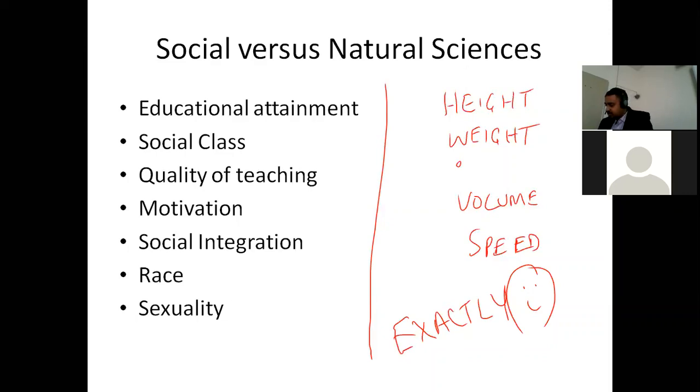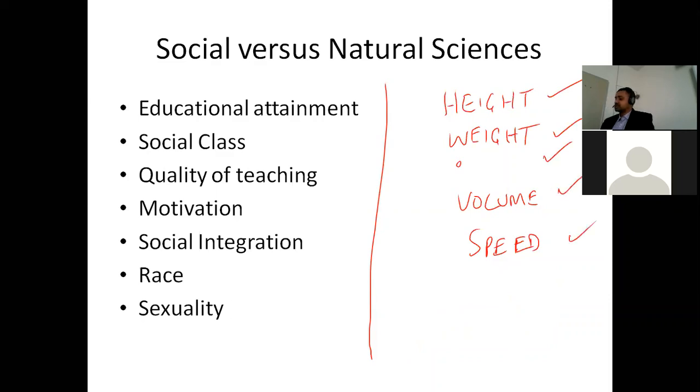So the big thing here is that all of these factors on the right have fixed units, fixed methods of how you measure height, weight, temperature, volume, speed. I mean, these are just examples. How do you measure educational attainment? I could say educational attainment is how well you've performed in your courses. Connie might say it's how many years you've spent after school obtaining an education.